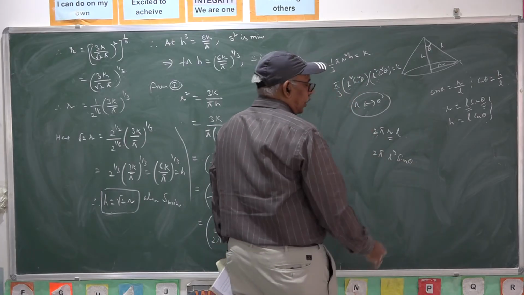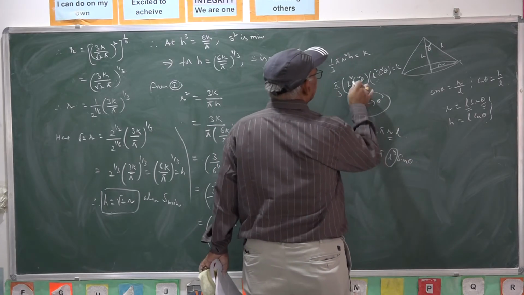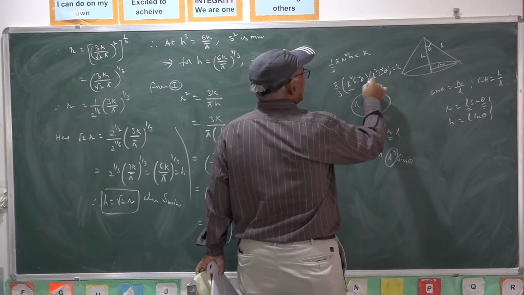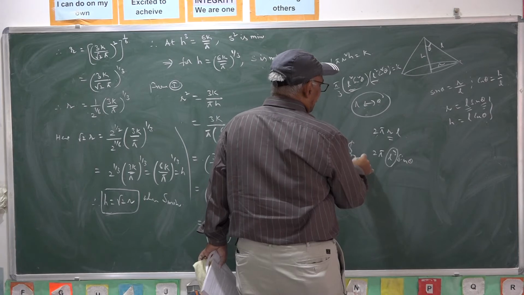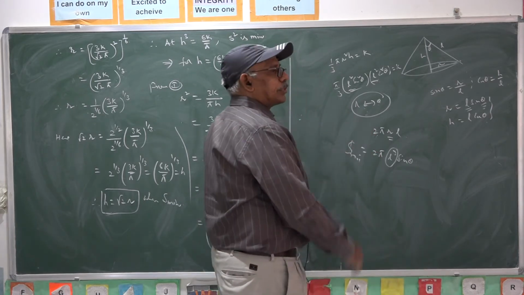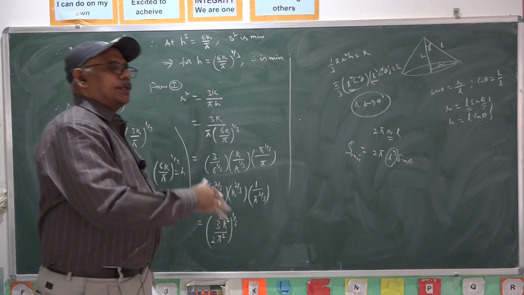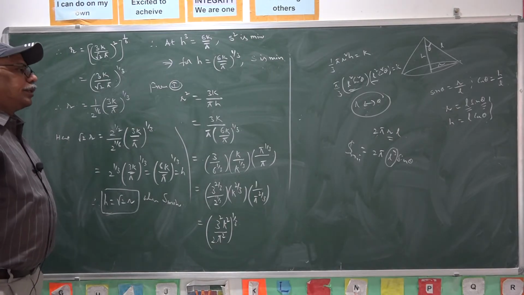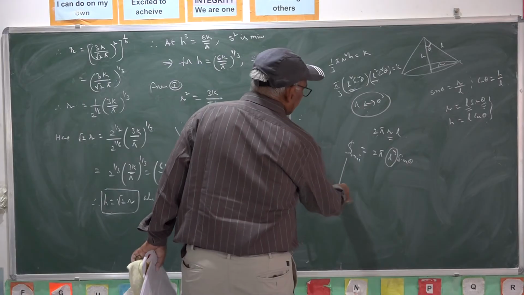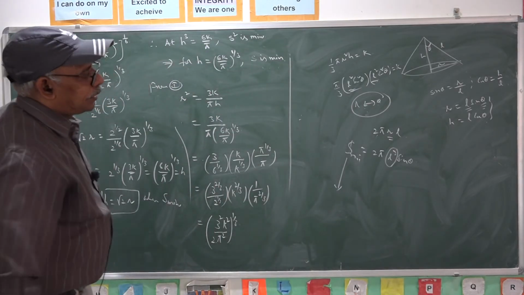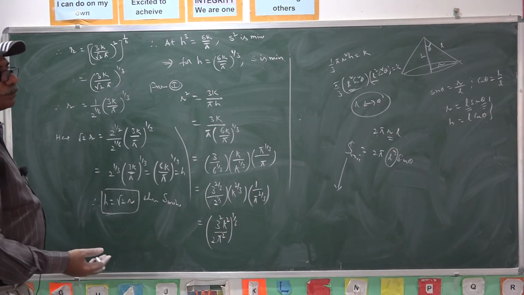You can replace L square from this relation in terms of theta. Completely you can get the curved surface area in terms of theta. So based on the derivative with respect to theta of S, you can minimize that surface area. So that is one more procedure.